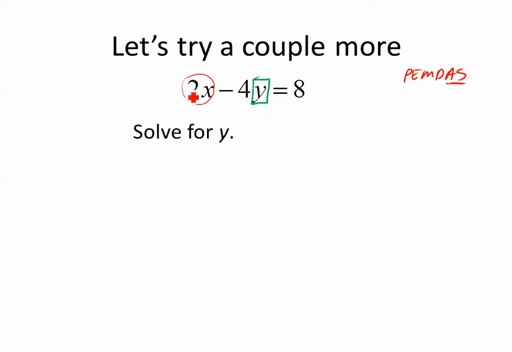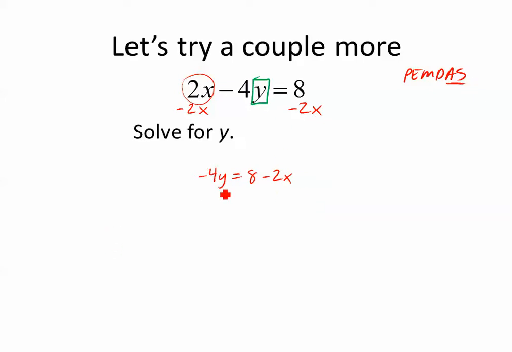So that's this 2x. It's 2x minus 4y, so the 2x needs to move. So I'm going to subtract 2x from both sides, which means on the left side I'm going to have minus 4y, and on the right side I'm going to have 8 minus 2x. I can't put those together because they're not like terms, and so I'm just going to show 8 minus 2x.